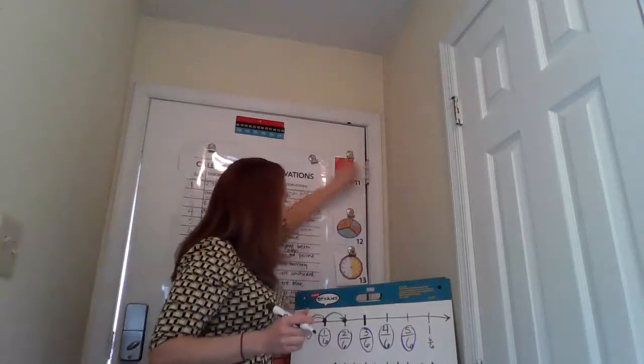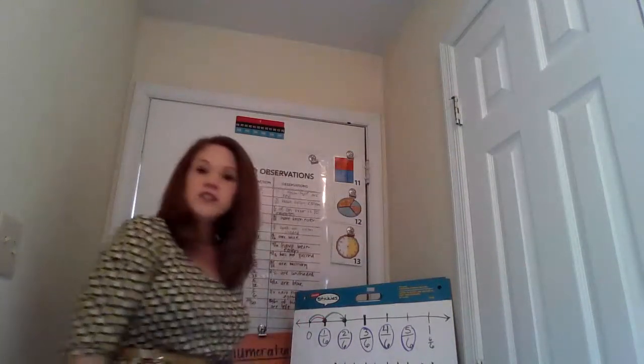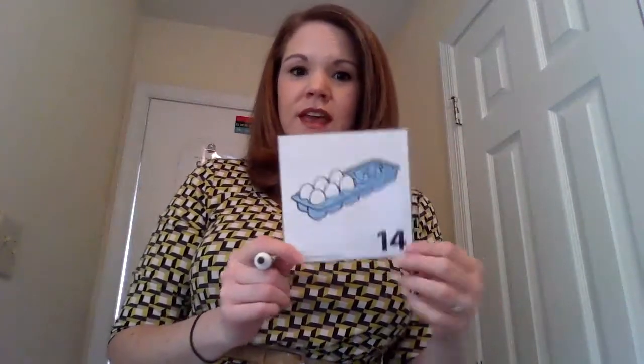All right, and then we're going to take a look at our next piece, which is our eggs. All right, if you haven't had breakfast yet, here's a great idea. Eggs are very good for you. All right, so we talked about this before. How many eggs are in a carton? This is a dozen eggs, or 12. And how many are still here?